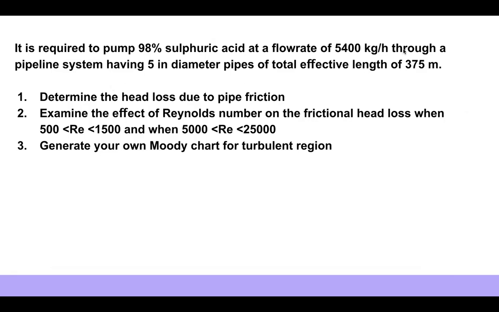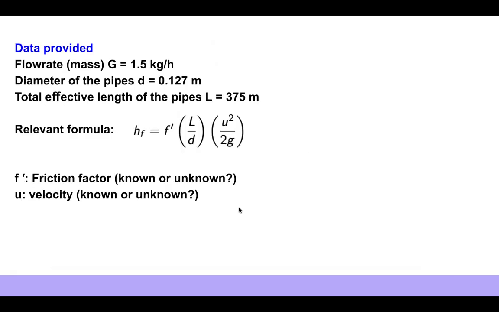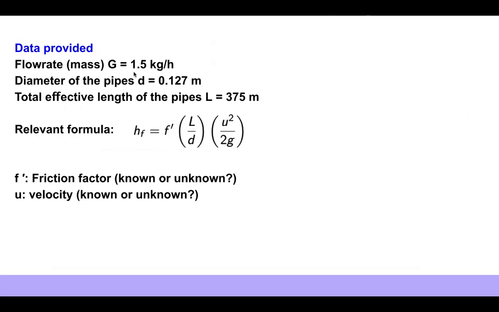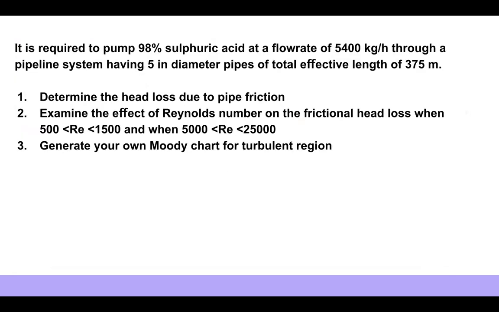So the first thing you have to do is, if different unit systems have been used, convert everything into a single unit system. And next, we'll calculate the head loss due to pipe friction. So let's first convert the mass flow rate. The mass flow rate 5,400 kilogram per hour can be converted by dividing 5,400 by 60, and then again by 60.